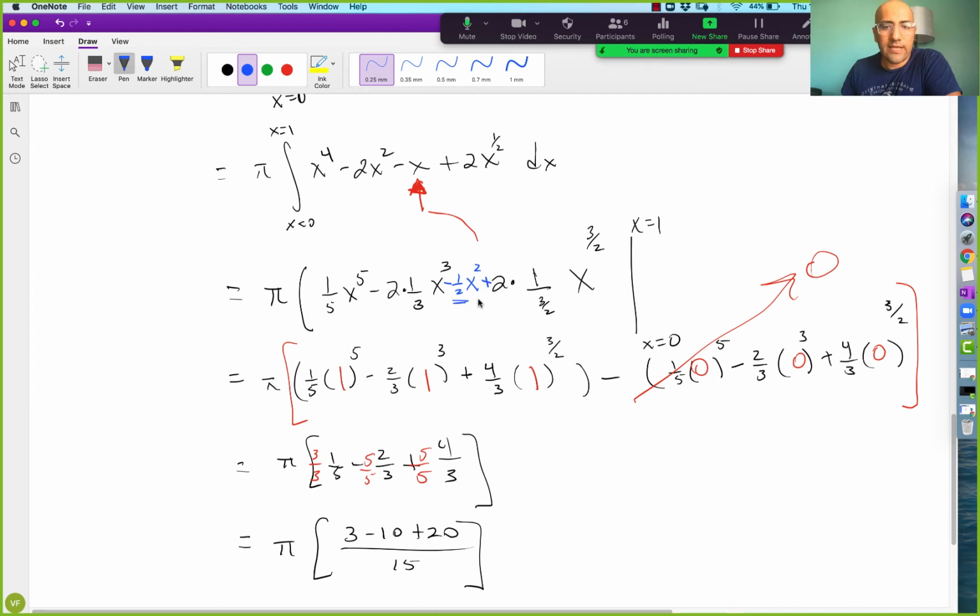So I have to squeeze that in there, and that means I also have to squeeze this in here.